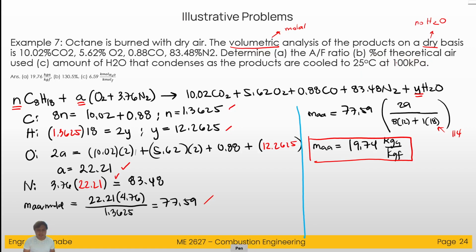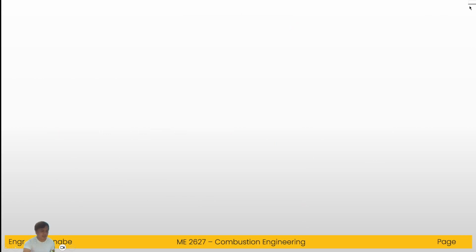To find the percentage of theoretical air used, what we can do is find the theoretical air needed. So we have to do the balancing again, but we are assuming that this is the theoretical air. So we have C8H18 plus, just to make this distinct versus the one that we've solved previously, A sub T, the theoretical, times O2 plus 3.76 N2.